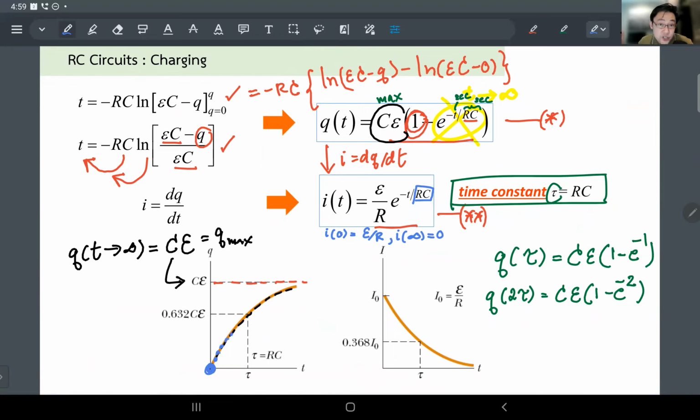Charge flows into the capacitor more and more, but it enters the capacitor at a slower rate as time goes by. It's getting harder and harder to enter the capacitor. Eventually, if you wait infinitely long, there will be no more charge flowing into the capacitor. That means we can say the capacitor is fully charged, and the maximum charge you're going to get inside your capacitor is just CE.